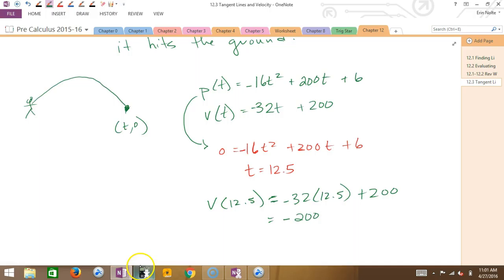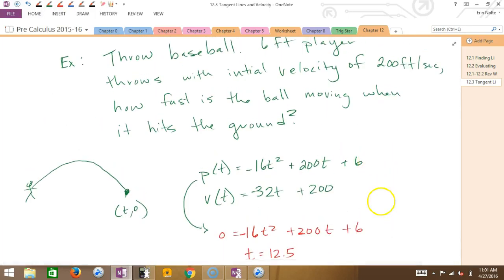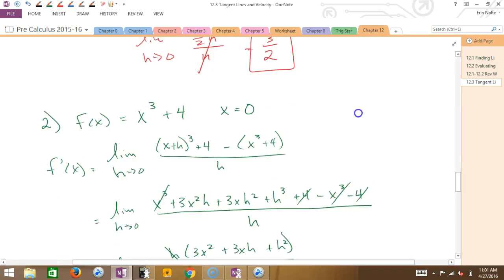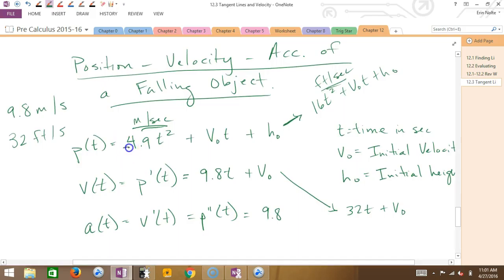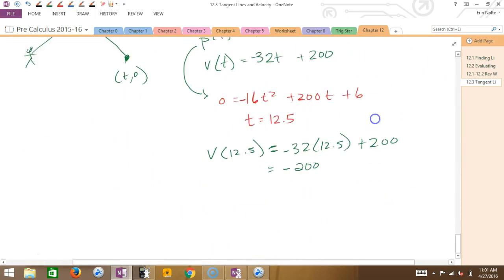Did I get there? 200. Negative, negative, negative, because it's falling down due to gravity. So feet per second.